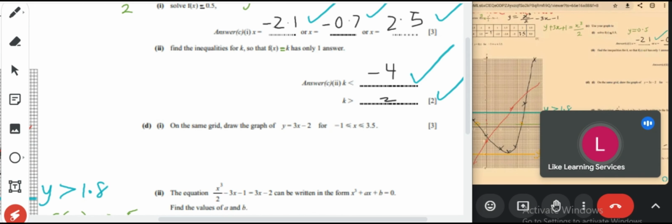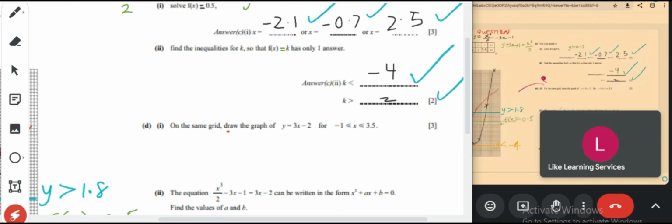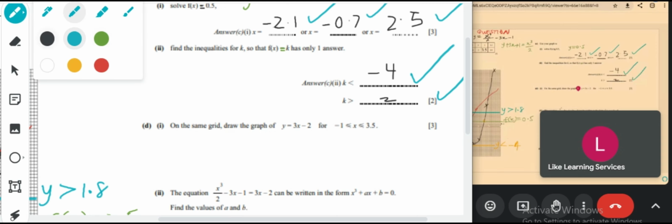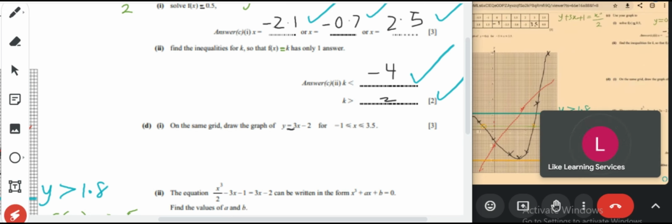Okay, so what did you do? You didn't do it. No, I did. On the same grid, draw a graph for y equals 3x minus 2 for those values. So yes, I did it there. You can see the straight line I drew in red.